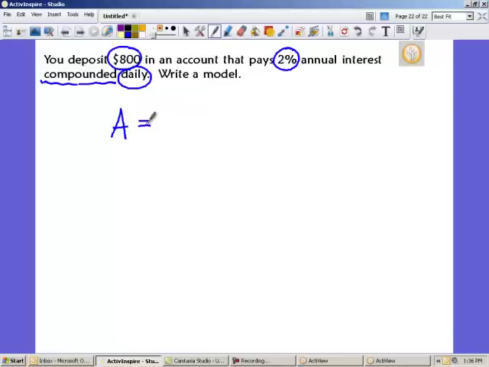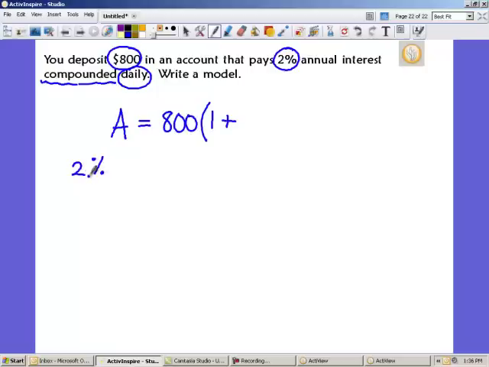So the first part of that equation, remember, is your P, which is your principal, the starting amount. So that's going to be your $800. And now we have the R. And remember I said the R has to be expressed as a decimal. So we write 2% as a decimal.